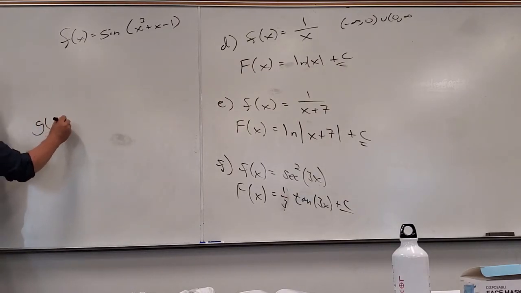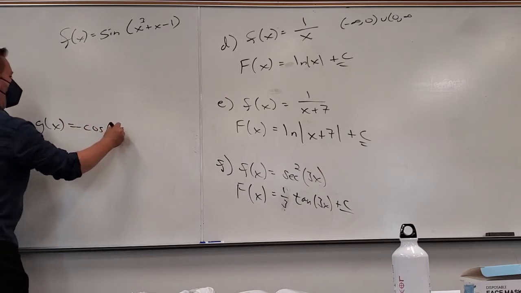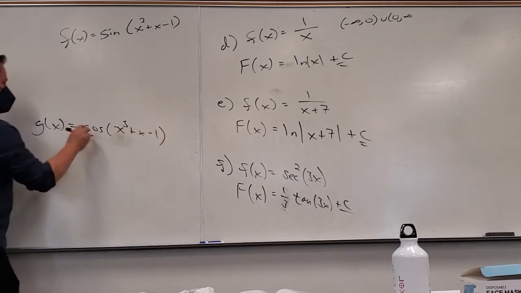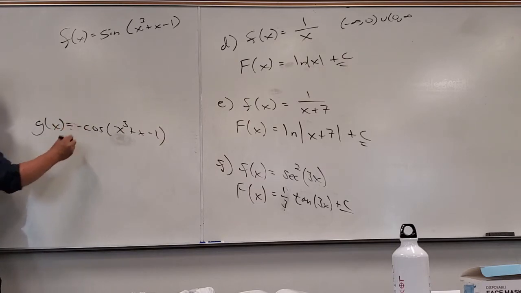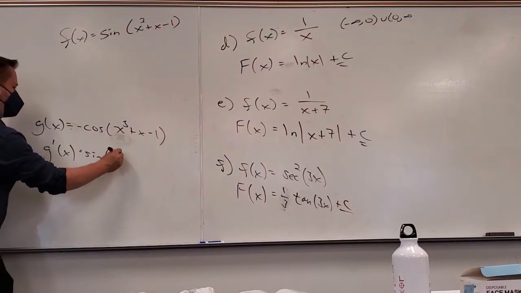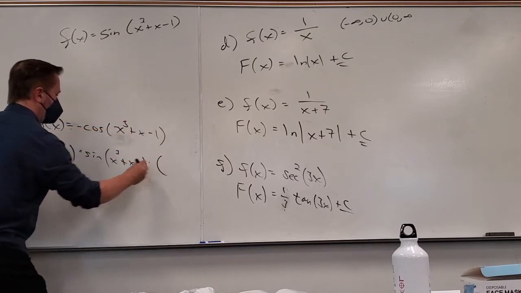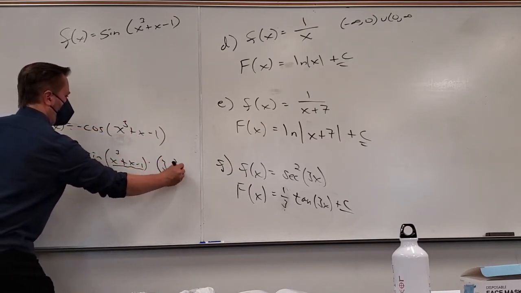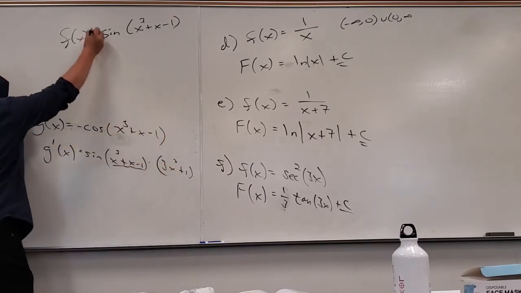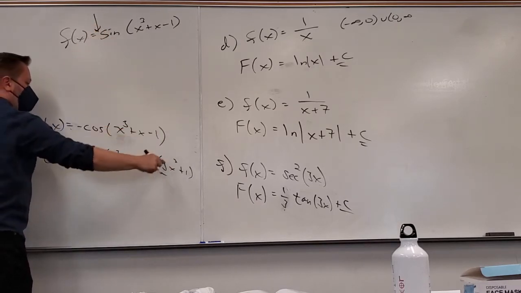Now, real quick, what if I had this function given to me? Can you guys do the derivative of this? It'd be sine of that times x squared plus 1. So what is missing here to be able to do this?